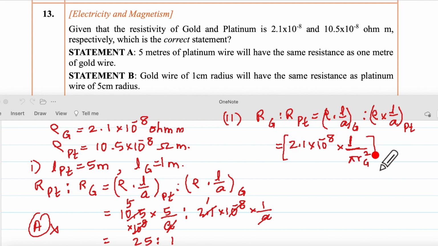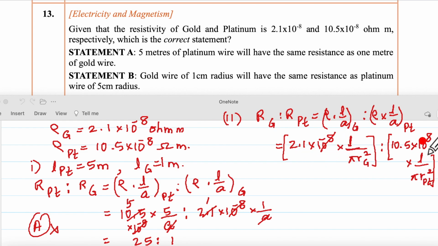Let me just put a box here. Is to, here rho will be 10.5 into 10 to the power minus 8 into L we keep the same, and pi and R platinum square.